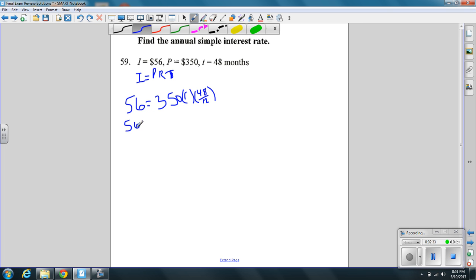So 56 equals, we're going to take 350 and times it by 4, and we get 1,400 times R. We're going to divide by 1,400 because we want to isolate the variable. So divide by 1,400.